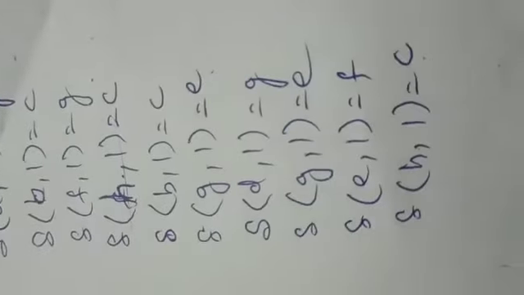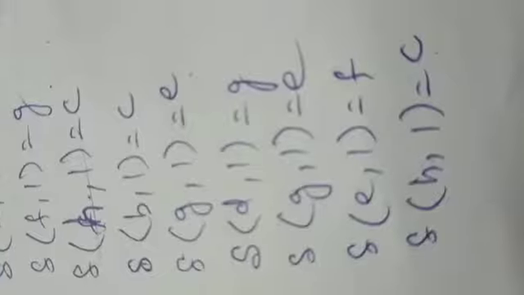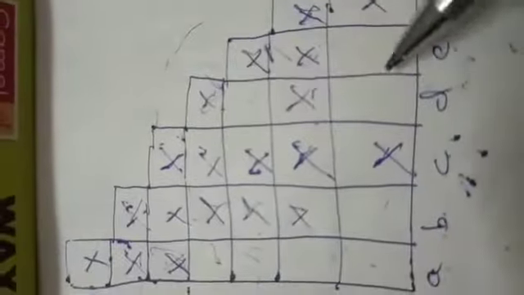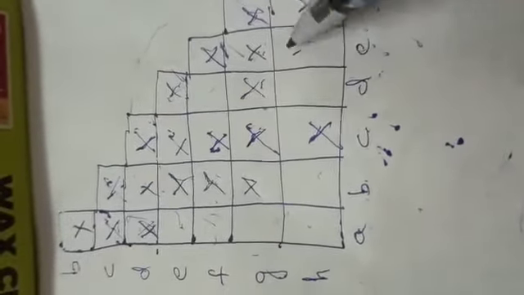Next we try to find out some other pairs. Now F comma C is already having an entry. So E comma H also will have an entry. So this E and H will have an entry.